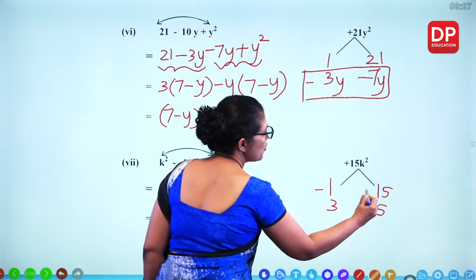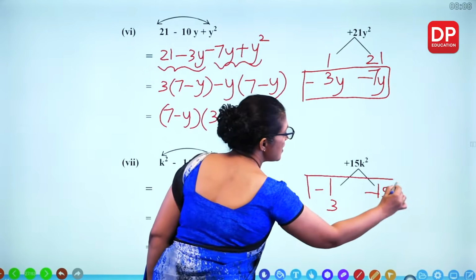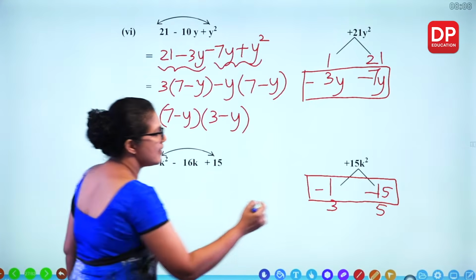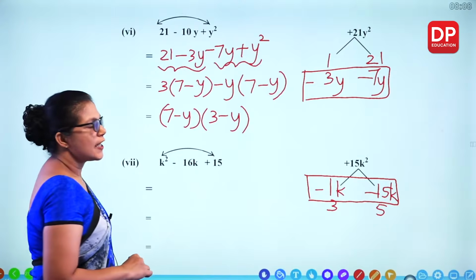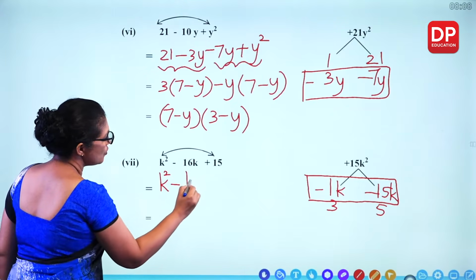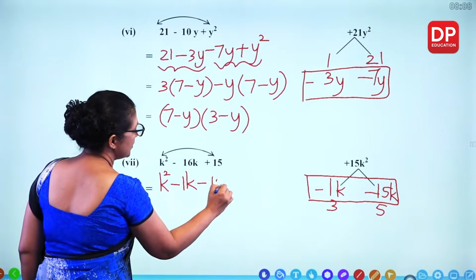So both should be negative to get negative 16 here. So k squared you get minus 1k and minus 15k. Split the middle term. You can write 1k, or without 1 also correct.